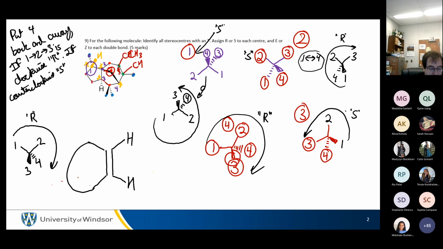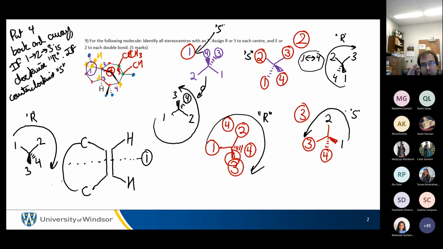Those are attached together. I'm going to note that this is carbon. Whenever you're assigning E and Z for a double bond, what you want to do is, first step, draw a line perpendicular to the double bond. This is line number 1.